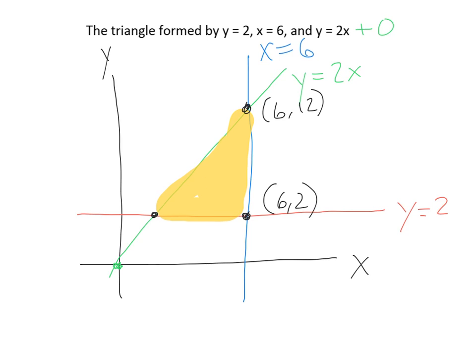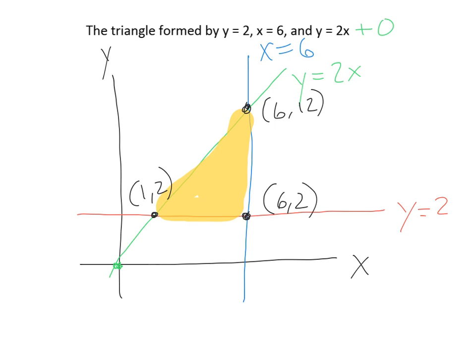So what would I plug into this to make this be 2? And the answer is going to be 1. If I plug a 1 in right there, 1 times 2 gets me an output of 2. So this would be 1, 2. Okay? If you need to talk to me about that last one, feel free to ask a question in class.